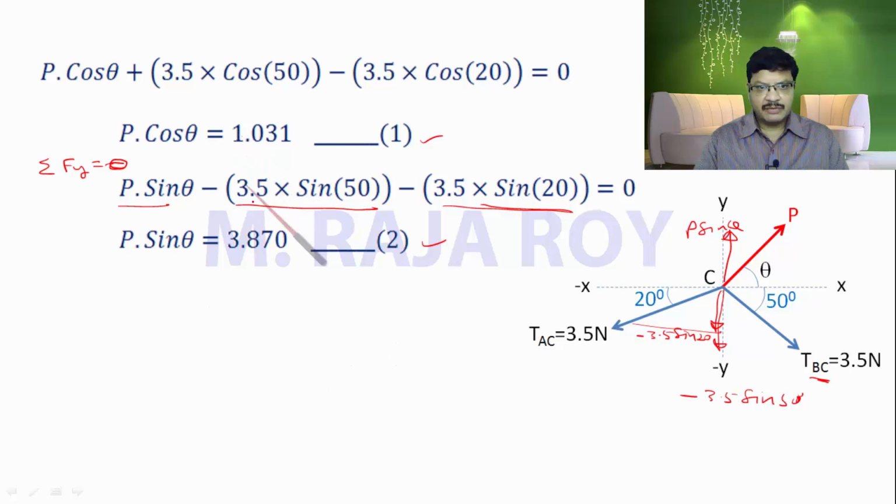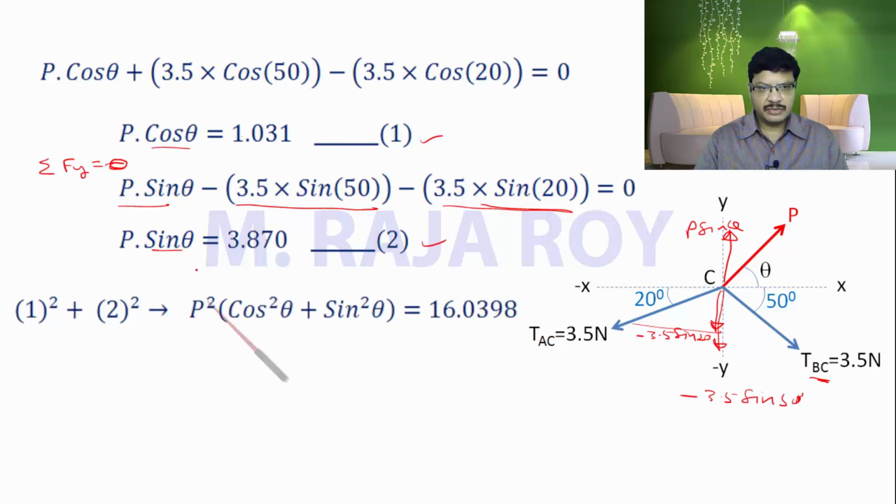Now from equations 1 and 2, we have to get the P value and the theta value. How to simplify this? Here the cos theta term is there, here the sin theta term is there. We know one relation, sin square theta plus cos square theta equal to 1. So square equation 1 and square equation 2 and add them. P square cos square theta is equal to 1.031 square.